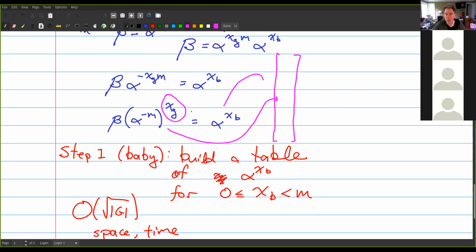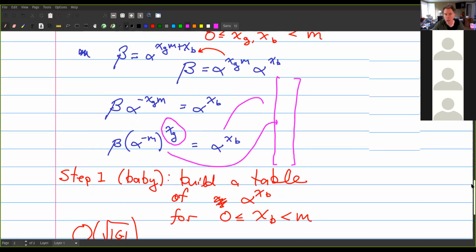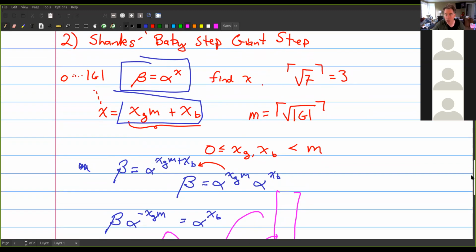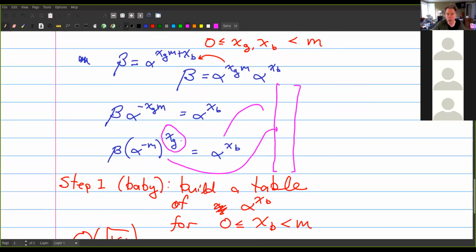And eventually you'll come to something that is in this table, because this equation is true for some choice of baby X and giant X. There's some XG and XB here, and when you find the right XG, you'll get a hit for an entry in the table.